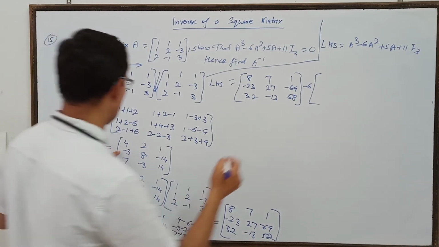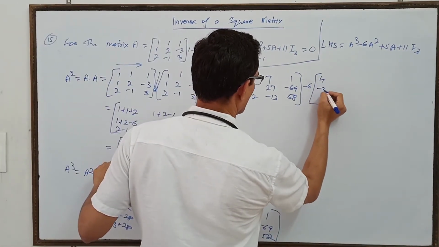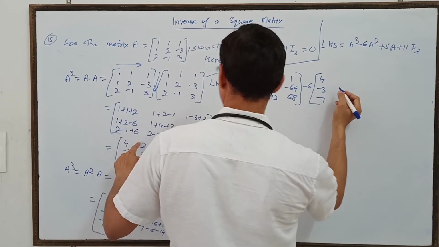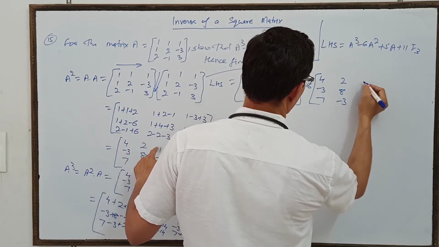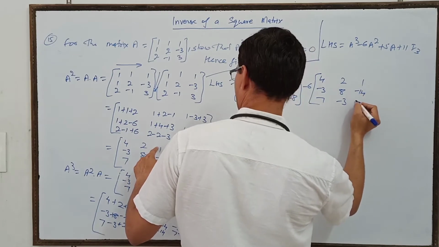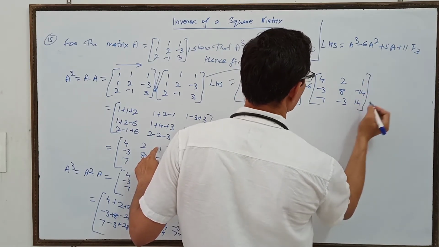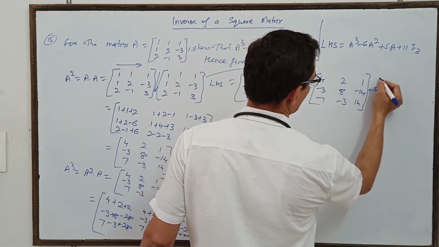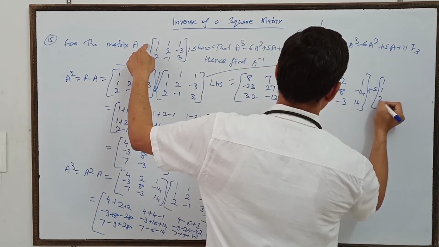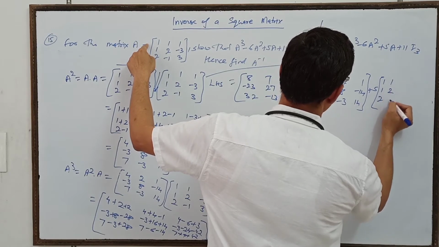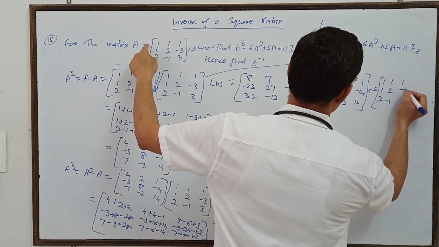So 4, minus 3, 7, 2, 8, minus 3, 1, minus 14, plus 5 into A is 1, 2, minus 1, minus 3.